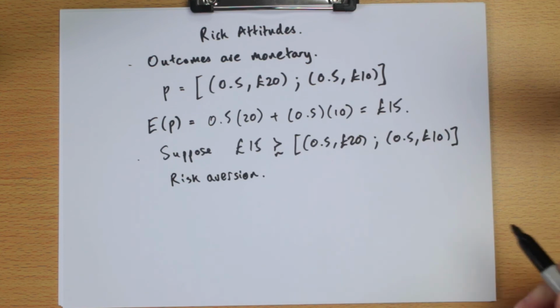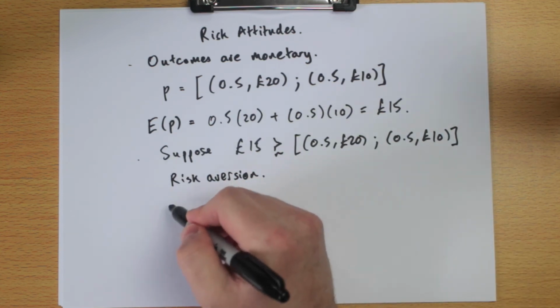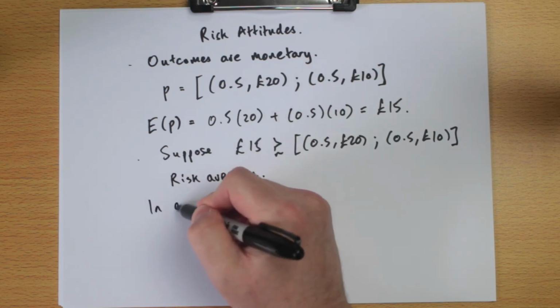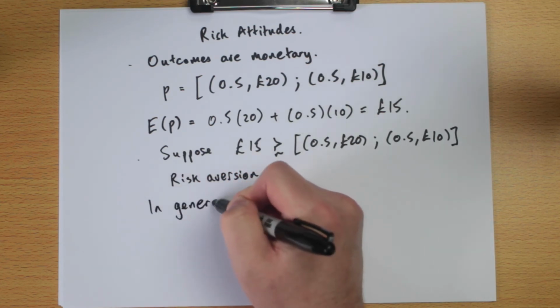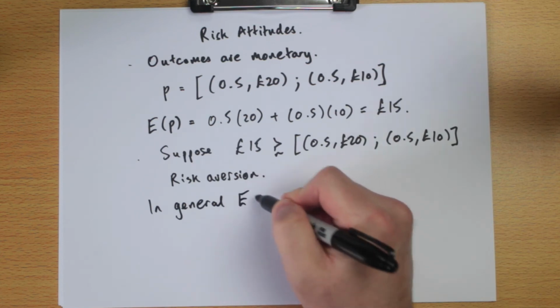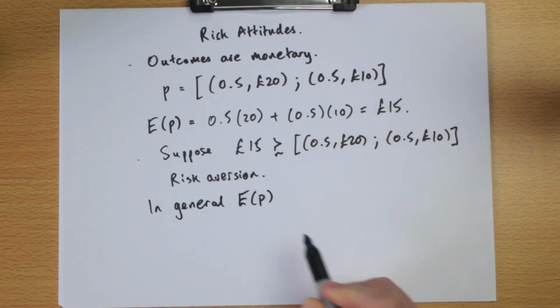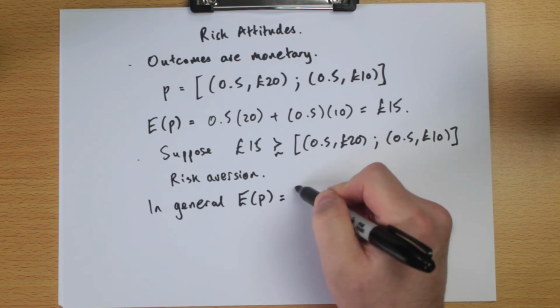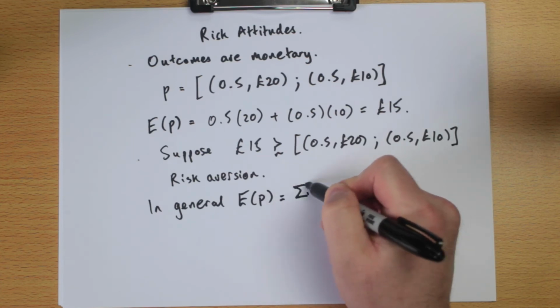Okay, so this is an example of what we call risk aversion. So in general, we could define the expected value of a lottery P to be a number when we have monetary outcomes.